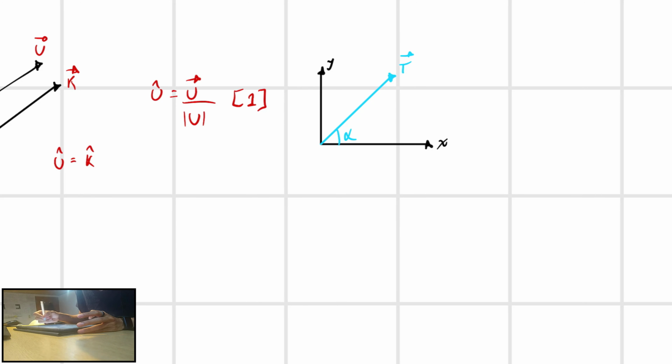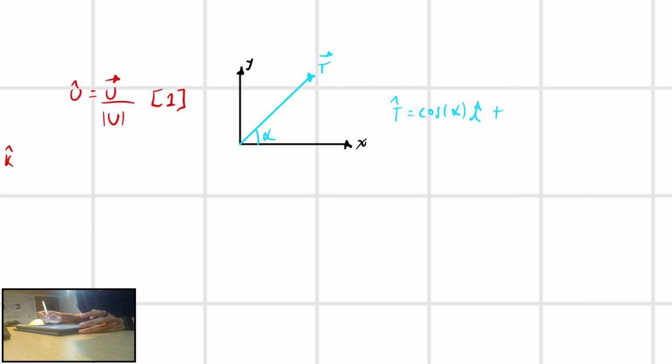The unit vector of t is given by the cosine of that angle in the i direction, plus or minus, depending on the direction of the vector, plus the sine of the same angle in the j direction.